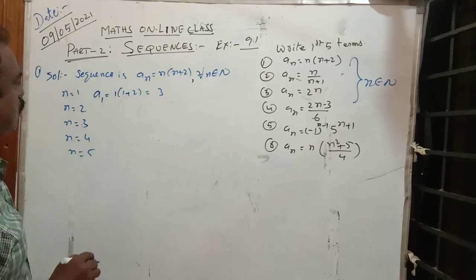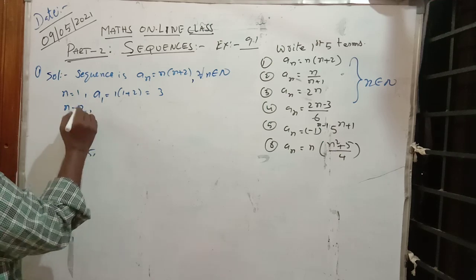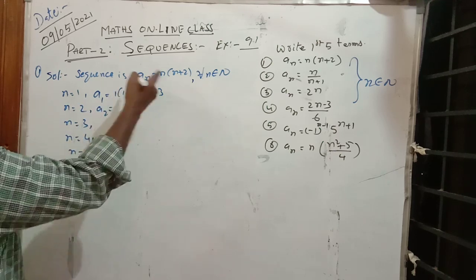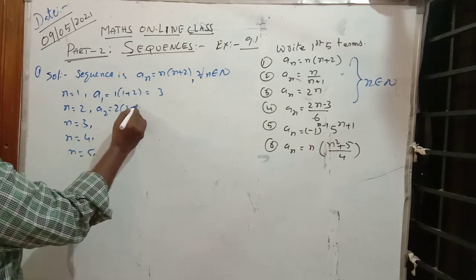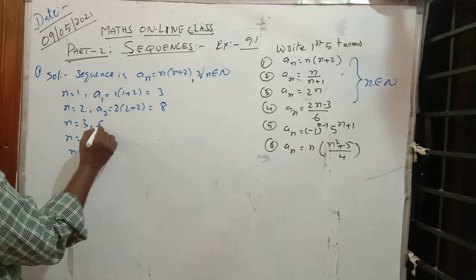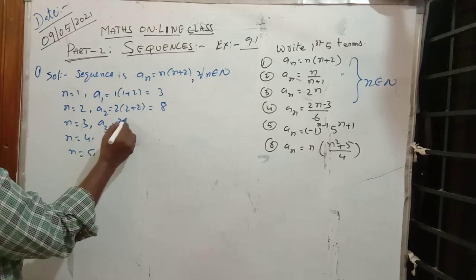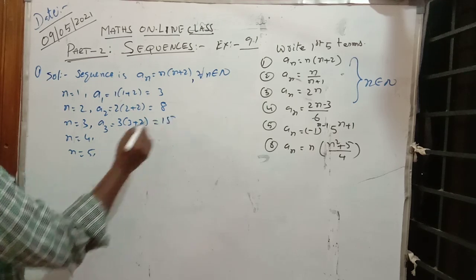Okay, now, when n is equal to 2, a2 is 2(2+2), 4 2's are 8. When n is equal to 3, it is 3(3+2), 5 3's are 15.